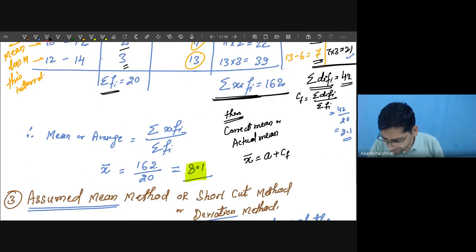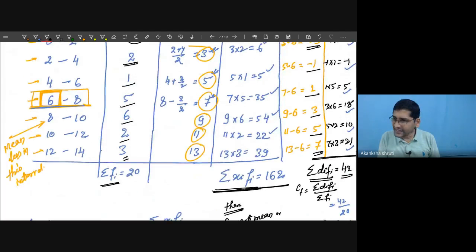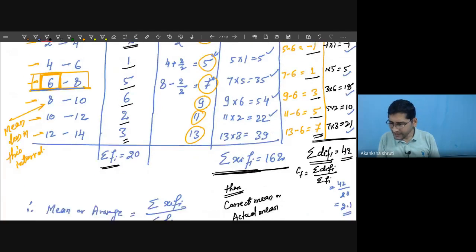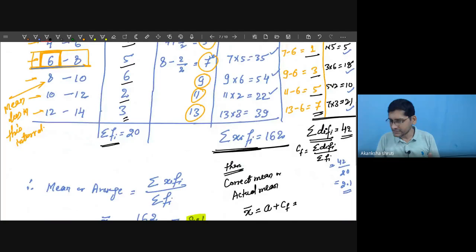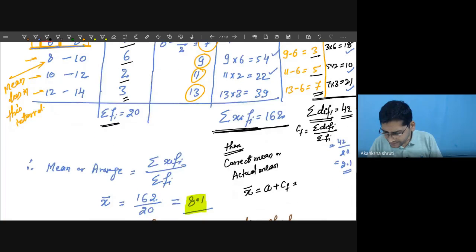This assumed mean is the one we have taken as 6, the lower limit of the interval. To that, this 2.1 will get added. So 6 plus 2.1 becomes 8.1. The same thing. Are we getting it? So that's why in the assumed mean method, the formula gets modified. For getting the actual mean, it is the assumed mean A plus summation of di fi divided by summation of fi. It is this one.